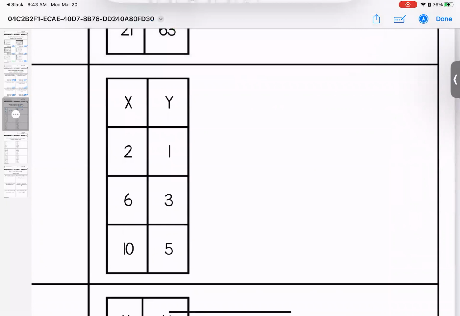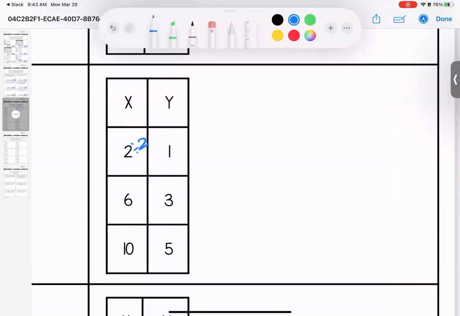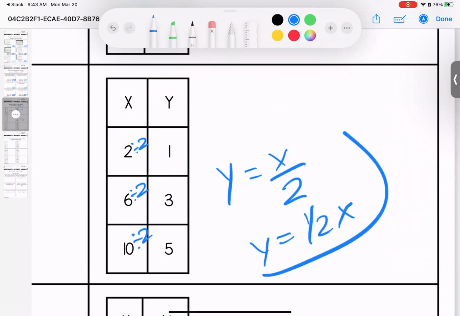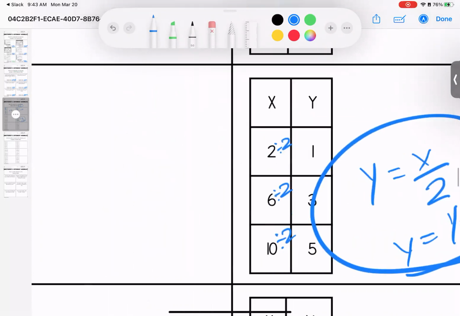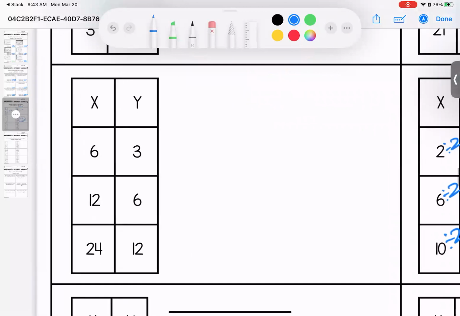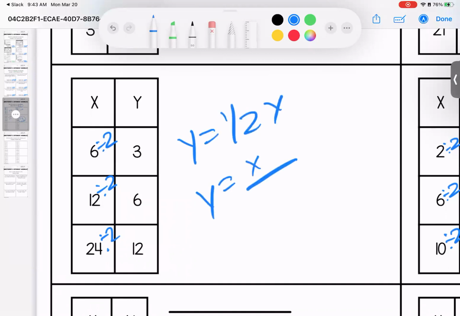Down here, I am dividing by 2, dividing by 2, dividing by 2. So I could say y is equal to x over 2 or y is equal to 1/2 x. Both of these would be correct. Over here, again, divide by 2. y is equal to 1/2 x, or y is equal to x over 2.